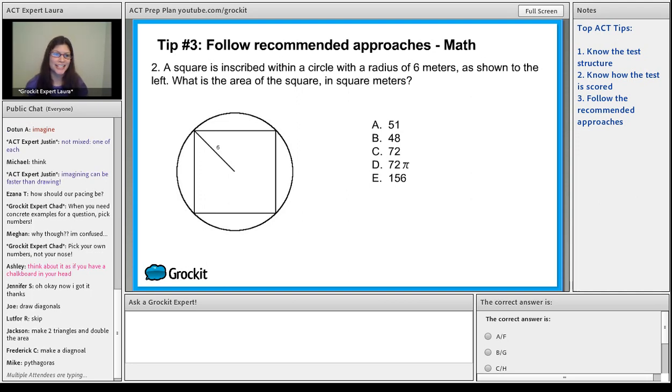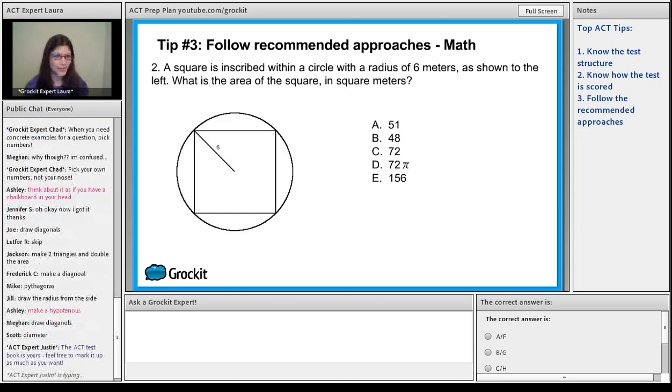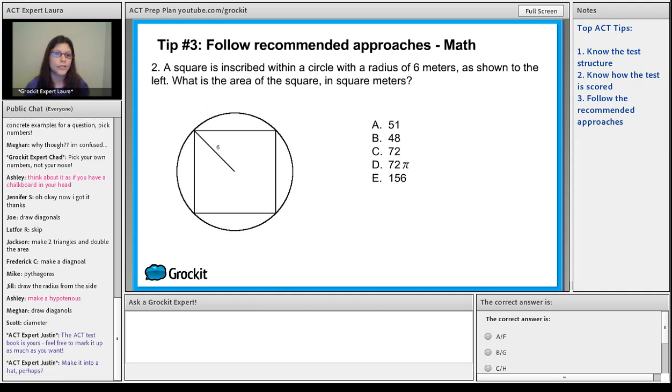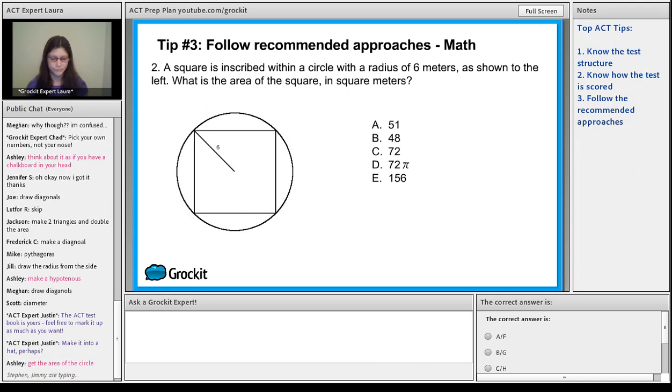I like the idea of, I would skip it. That is one option, sure. That's always on the table. But tell us in the chat box, actually, what would you actually do? Would you skip it, or is there another technique you would have since it's the ACT and not the SAT? What's your plan?